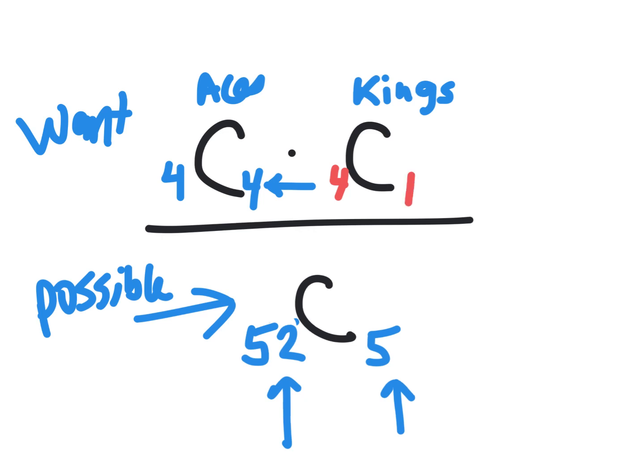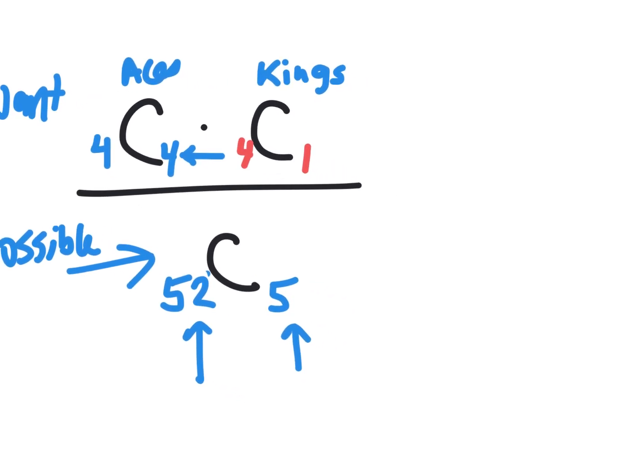Now there's one last piece that just makes it all balance out. Do you get that there were 52 cards, but the top isn't adding up to the 52 down here? So the last C is all the unchosen cards. There were 44 unchosen cards, and I'm going to choose 0 of them.